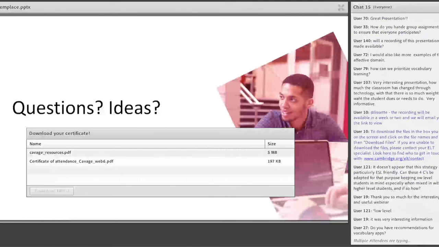Here's another one. Could you elaborate a bit more on affective versus cognitive domain? That's a great question. Affective domains are those things like showing respect, negotiating, what we might consider soft skills, things like emotional quotient rather than intelligence, but just as important as the cognitive domains.